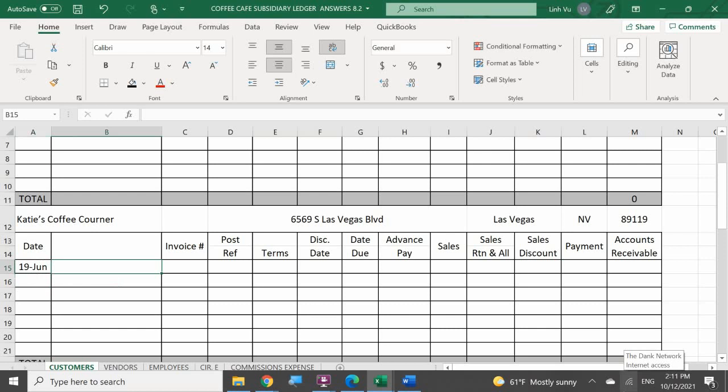June 19. So invoice 101. Well, I'm going to go ahead and write that they paid us with check number 412. Okay, so invoice was 101. Post reference is General Journal 7. What were the terms I gave Katie? 50% COD, net 5.